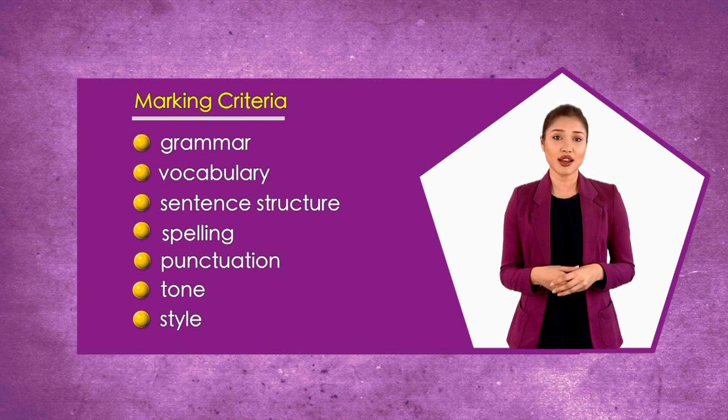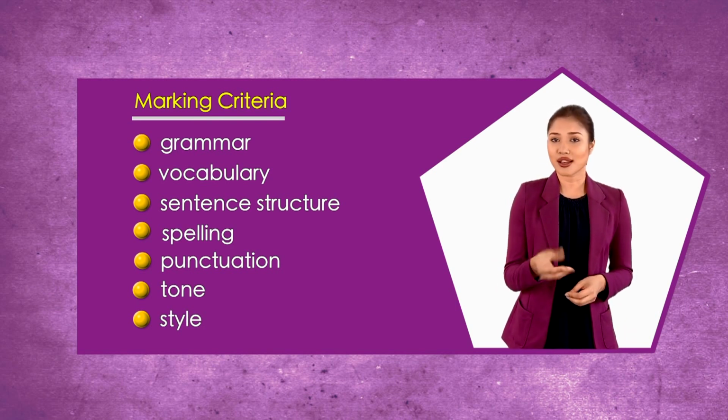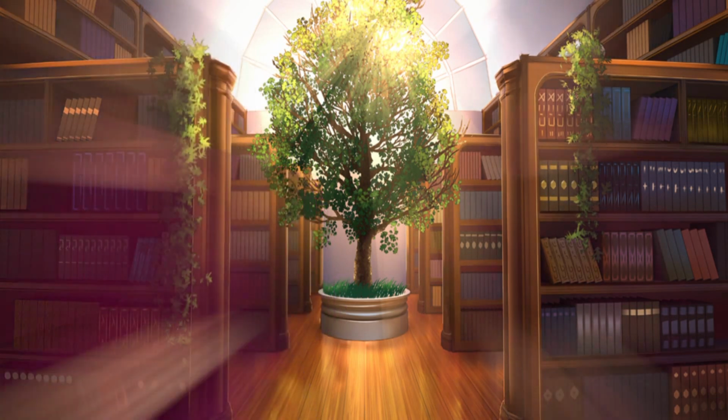Based on these criteria, they will determine suitable marks for your essay. So it is important for you to have adequate knowledge in these areas so that you can score high marks for your exam. Finally, we talked about how to write an argumentative essay in the context of SPM.